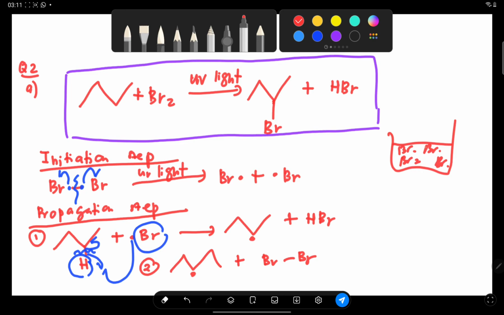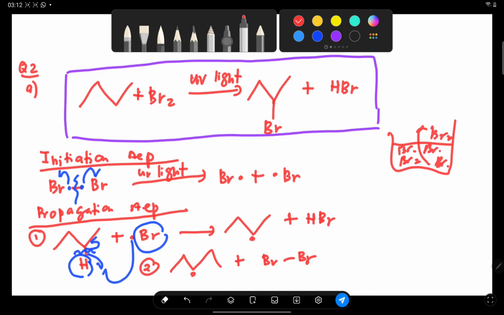Br dot represents the radical already converted from a bromine molecule, while some Br2 molecules still exist in the container.